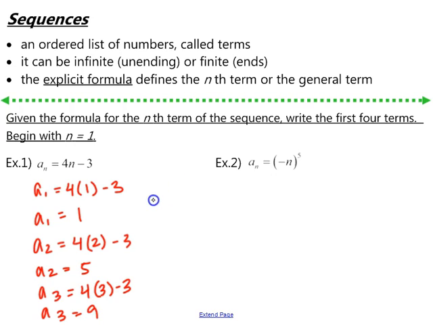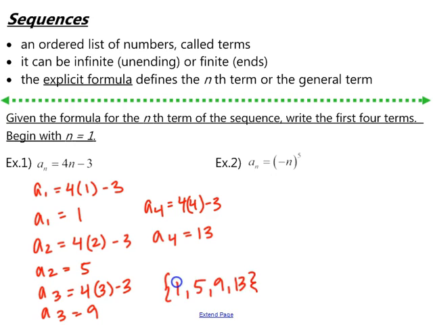And then lastly, a sub 4 is the number we get when we substitute 4 in for n. And when we simplify, we will get a sub 4 is equal to 13. So the first four terms, we can write them as 1, 5, 9, and 13. This would be our final answer.